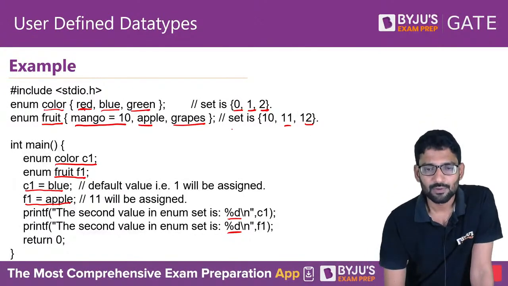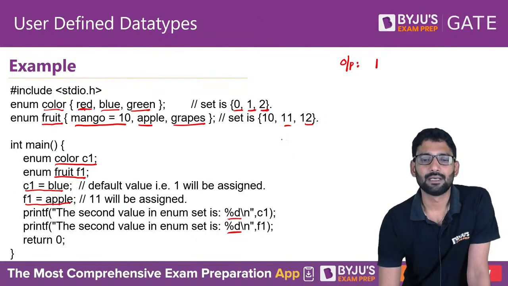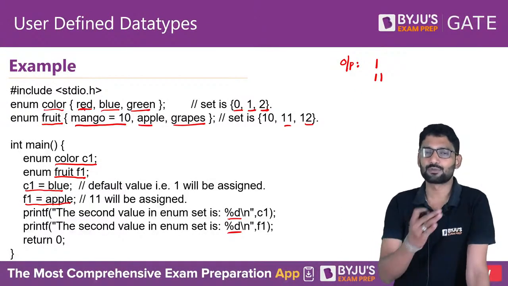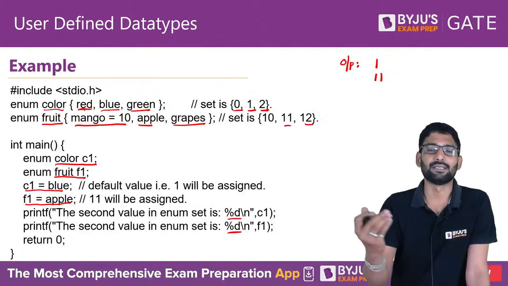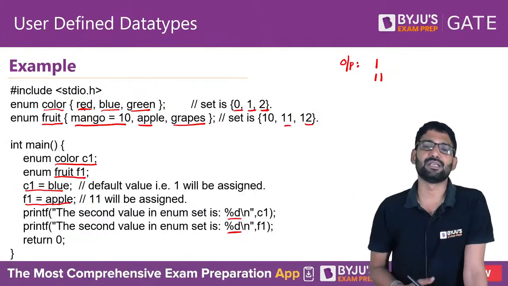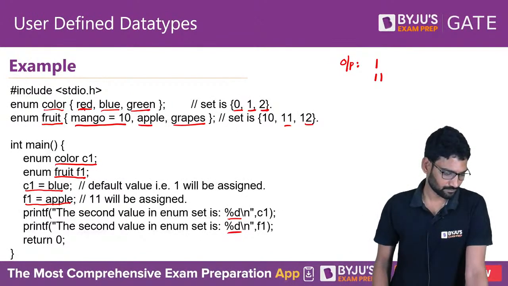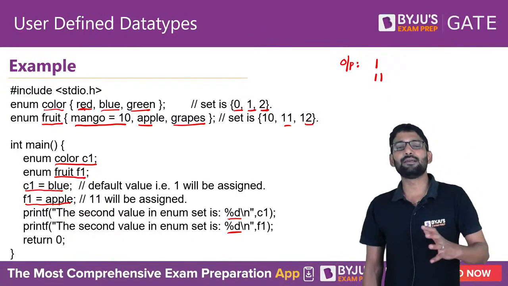So what would be printed? What would be the output? C1 value would be 1 and F1 value would be 11. So you will get the values as 1, 11. Of course, with this string, the second value in enum set color is 1. The second value in enum set fruit is 11. Why is it 11?